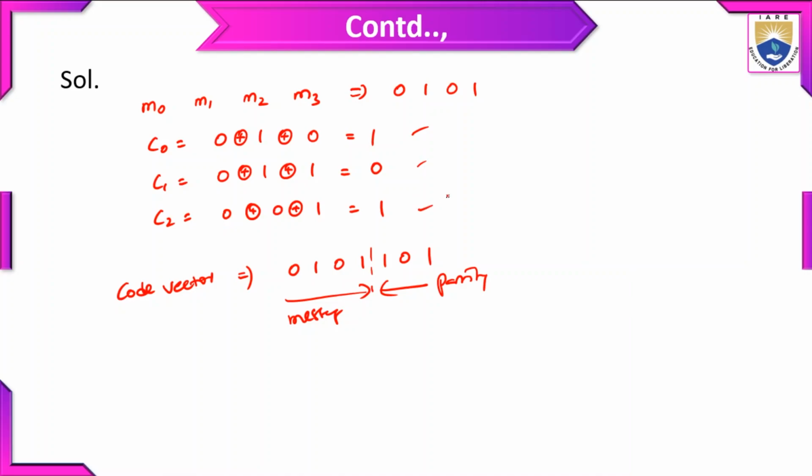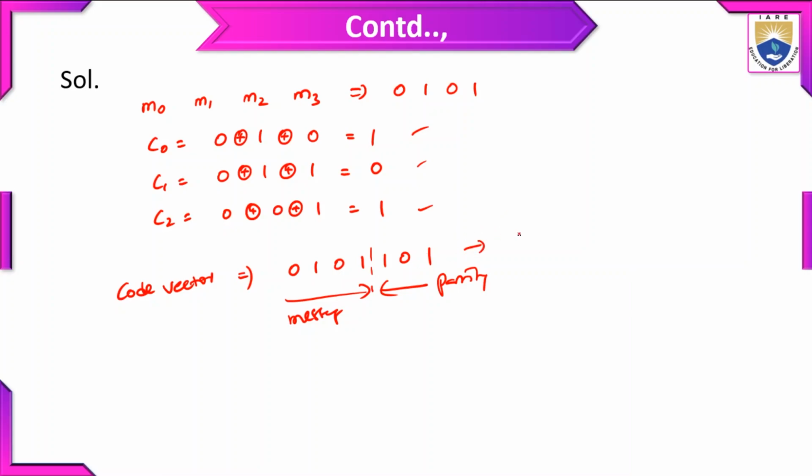Now another aspect is the minimum distance, D minimum. Minimum distance is nothing but minimum weight. When you find all 16 code words, how many non-zero elements are there? For example, in this code, 0, 1, 0, 1, 1, 0, 1, how many non-zero elements are there? 4.